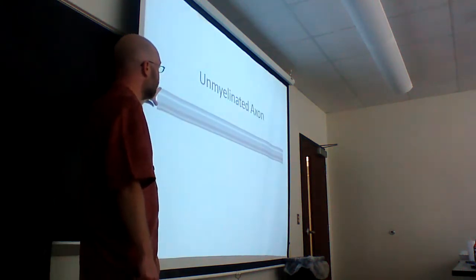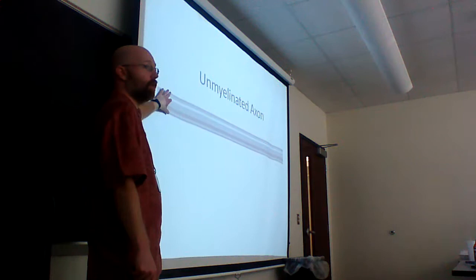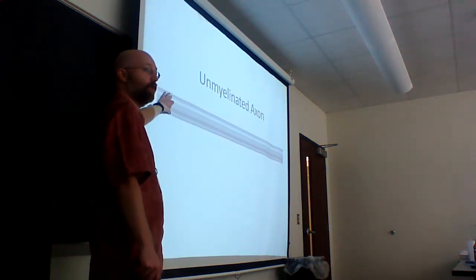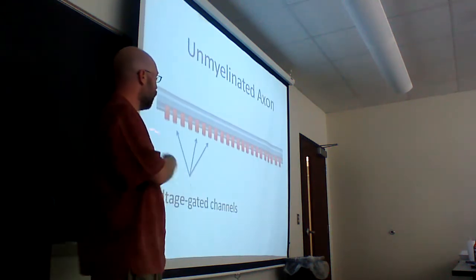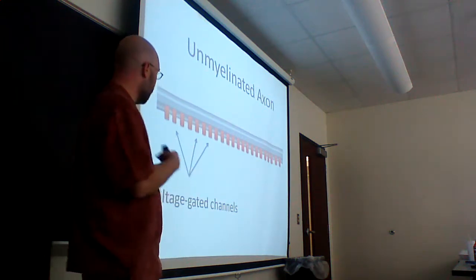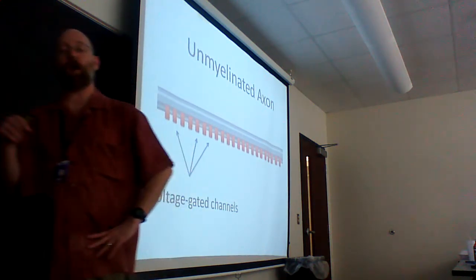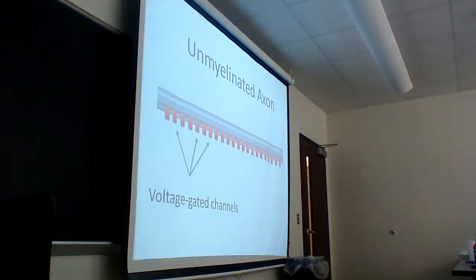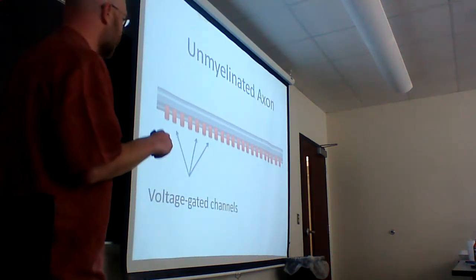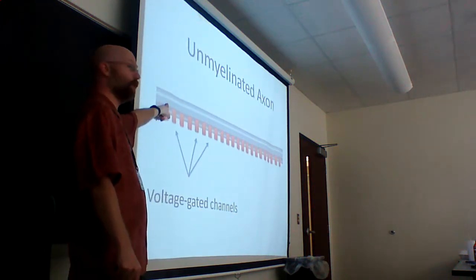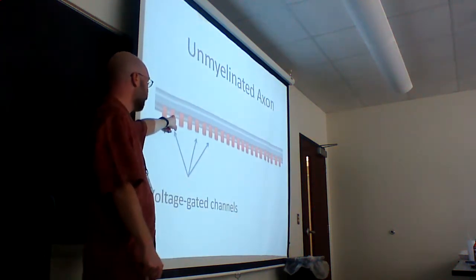Why? So we've got an unmyelinated axon. What kind of channel do we find in the axon of the cell? Voltage gated, right? We got it all the way down the length of the axon. And what I said was that we're going to open up these channels, but we've got to do it sequentially. We've got to open up this one first and wait for a little bit of sodium to come in order to open this one.